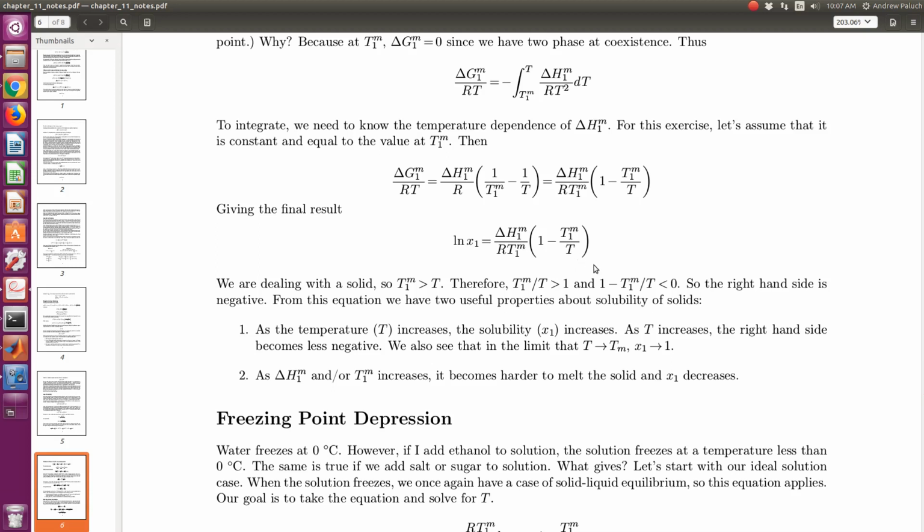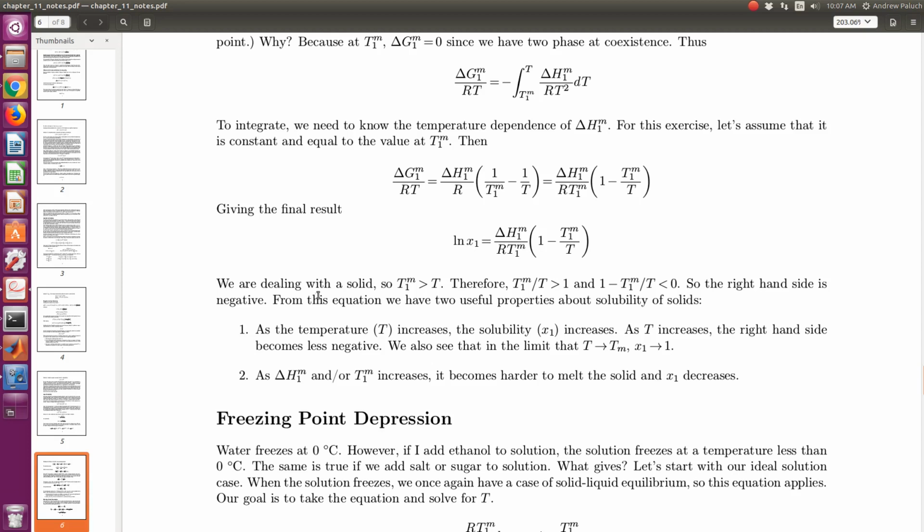And it'd be the same thing in that, as 1 over T1M increases, this term becomes smaller and smaller, and that would be constant. So this whole right-hand side is becoming more negative. So as T1M increases, solubility decreases. As enthalpy of fusion increases, solubility decreases, it becomes harder to melt.